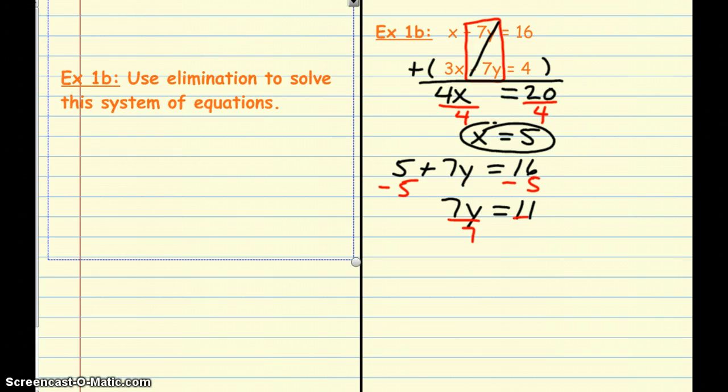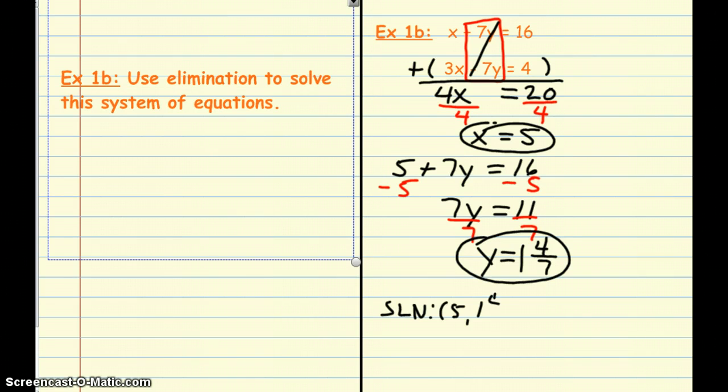And again, 7 does not go into 11 evenly, so we can write it as a fraction. 7 does go into 11 one time, and we have 4 remaining, and 7 is our denominator. So our final solution is 5, and then 1 and 4 sevenths. If you want, you can change that into a decimal, but you could also leave it as a fraction as I have here. Either is acceptable.